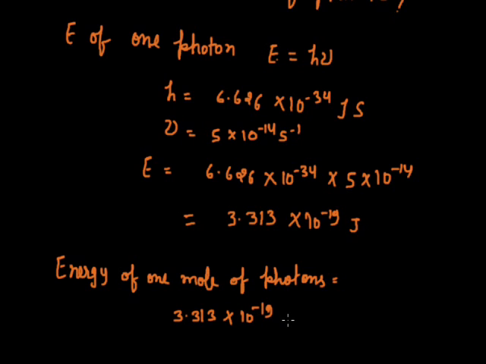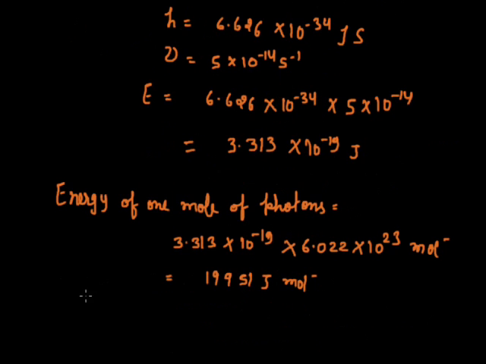This is for 1 photon, and if we multiply it with 6.022 into 10 to the power 23 per mole, per mole means mole inverse, then the value will be 19,951 joule mole inverse. If we want to convert it into kilojoule, then we have to divide it by 1000. Now our answer will be 19.951 kilojoule mole inverse. It's our final answer.